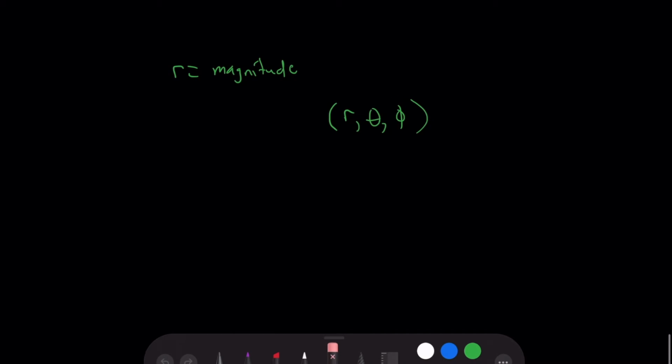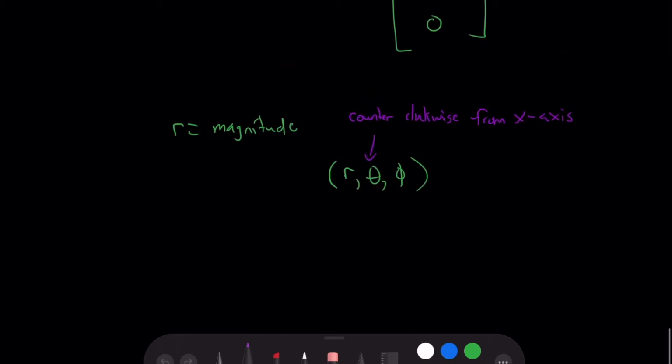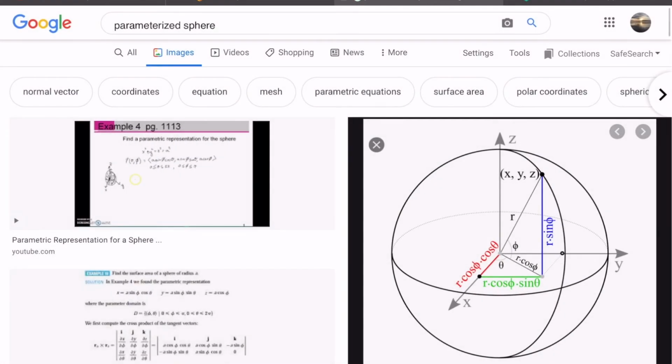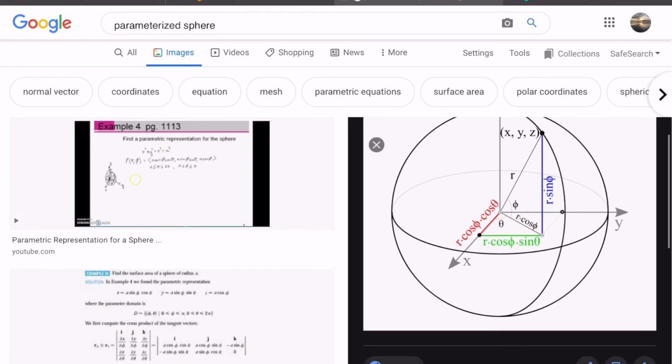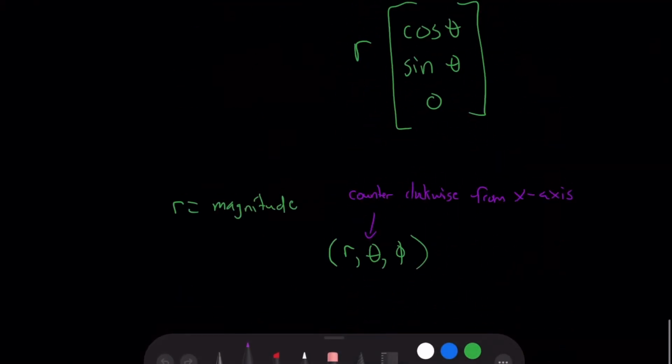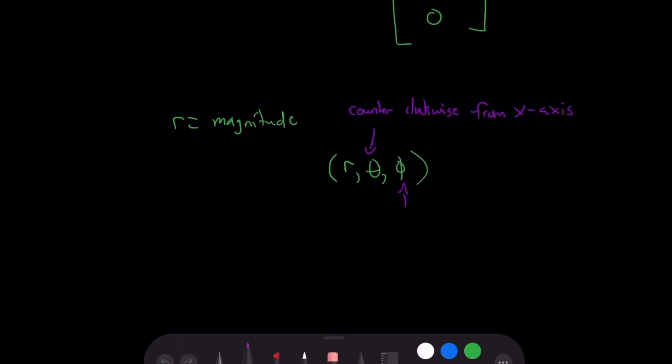So the way that I had this set up was that this was a measure of counterclockwise from the x axis, and then this here is a, if we're looking at, pretend that this is our z and this is our xy plane.